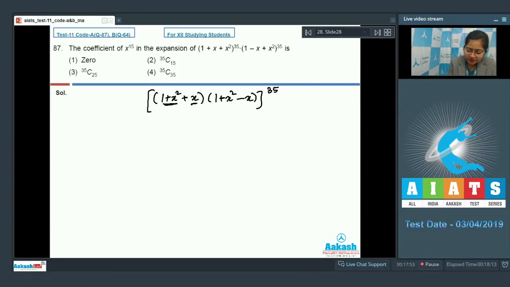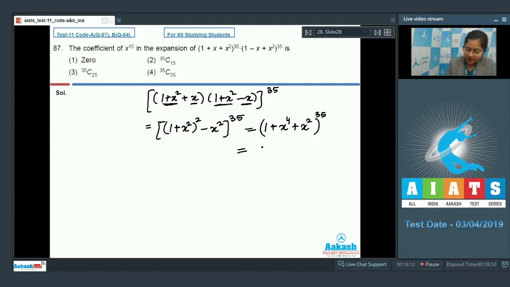Now this is (a plus b) into (a minus b), which is equal to a square minus b square. That is ((1 plus x square) whole square minus x square) raised to the power 35, which equals (1 plus x raised to the power 4 plus x square) raised to the power 35. That is equal to (1 plus x square (taking x square common) (1 plus x square)) whole raised to the power 35.